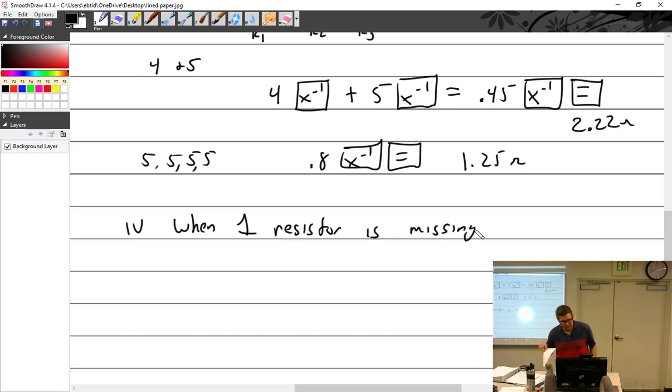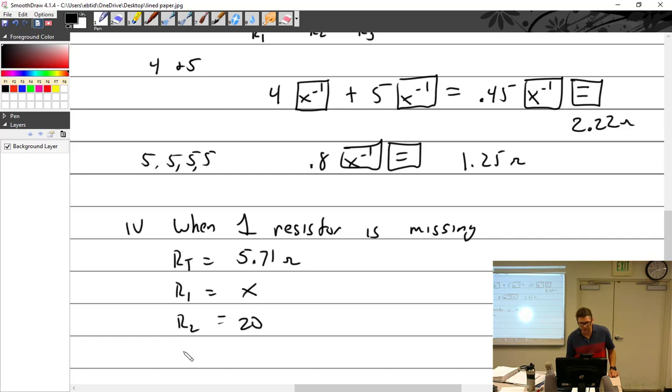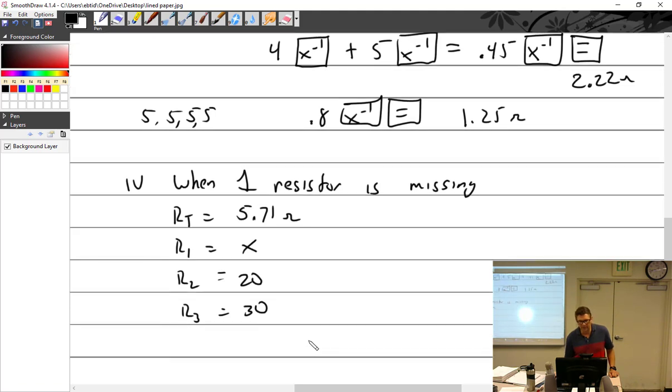In other words, if R total equals 5.71 ohms, and you have R1 equals an unknown, R2 equals 20, and R3 equals 30, then what is R1? Oops, it's actually 40. Sorry, R3 is 40 in my paper example here.